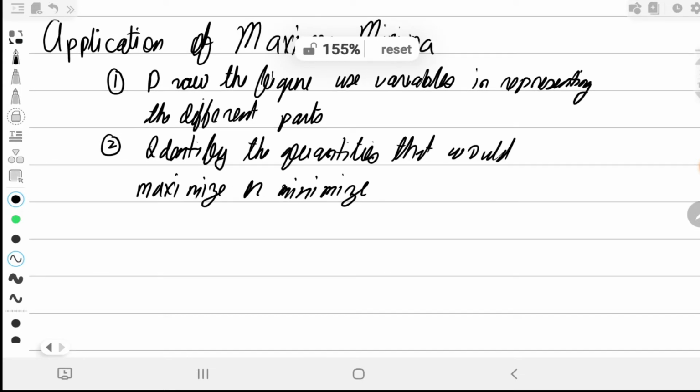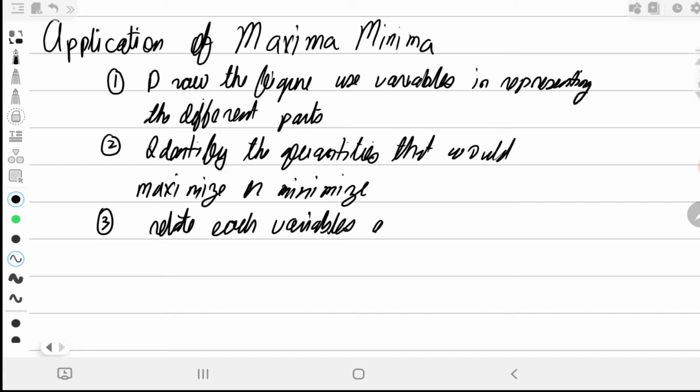After identifying the quantities to be maximized or minimized, number 3, relate each variable as much as possible. So here, you need to relate your variables with the other variable, or choose which variable you will maximize or minimize and then relate it to the other variable.